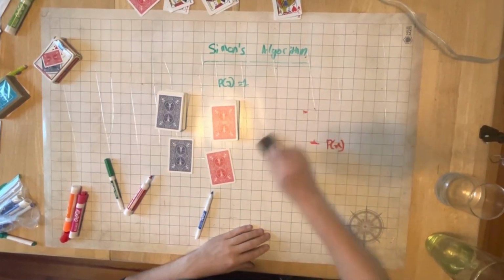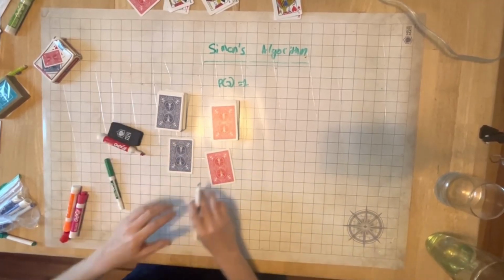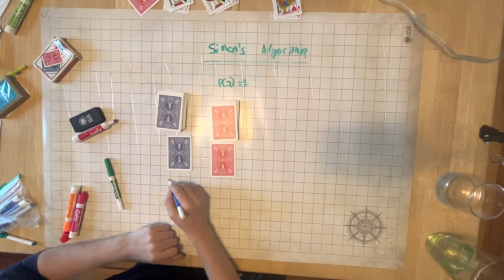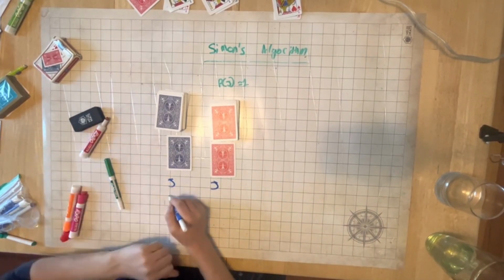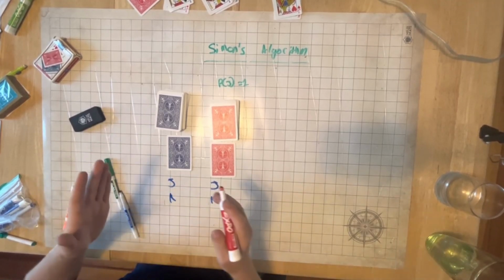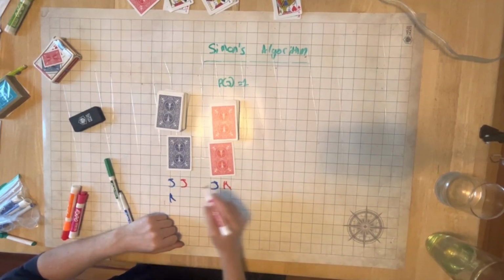So we can apply what's called the tensor operation. Before we even talk about what a tensor is, let's just talk about what the possible hands are that can be drawn. We can have a blue jack or a blue king, and then this red deck can either be a red jack or a red king.